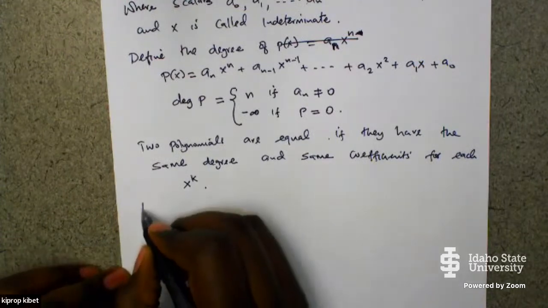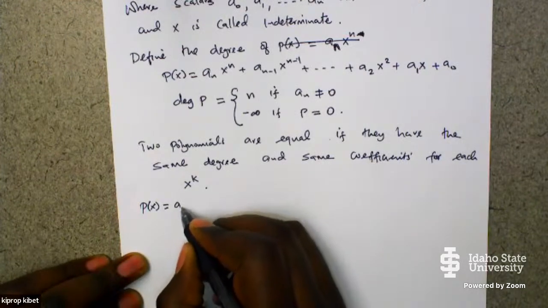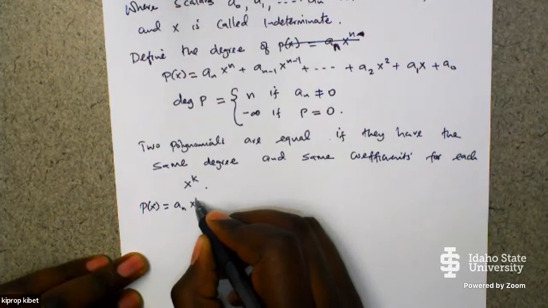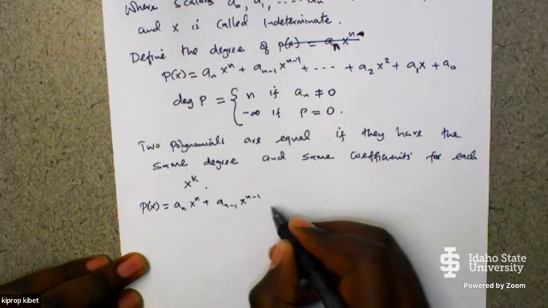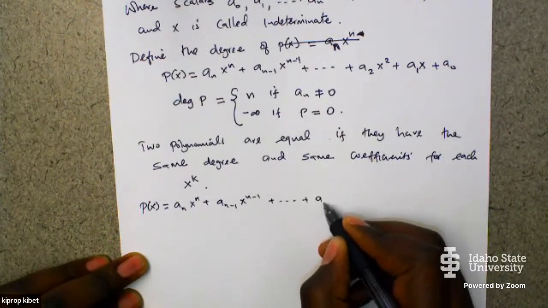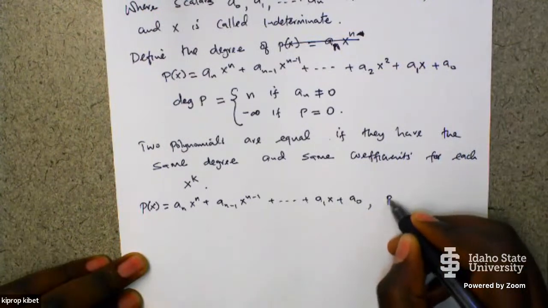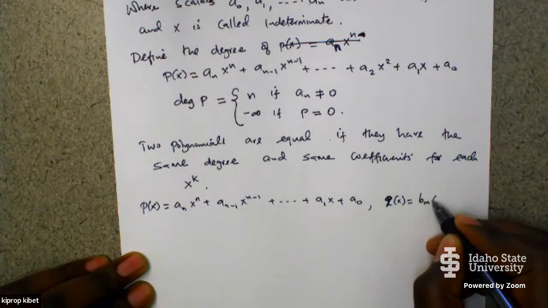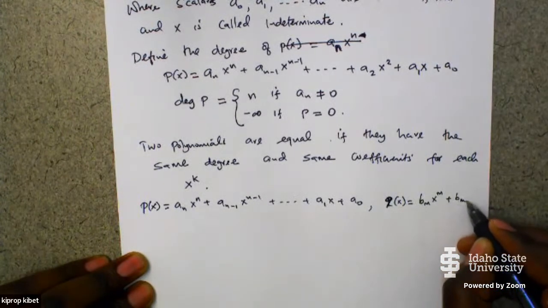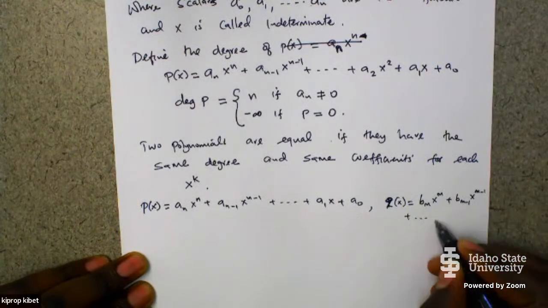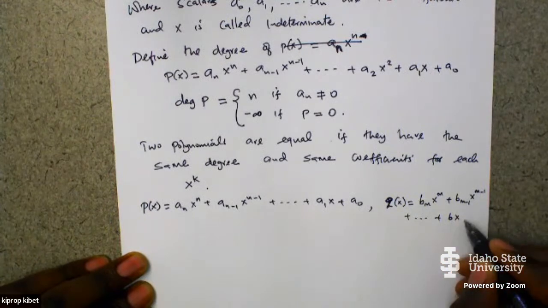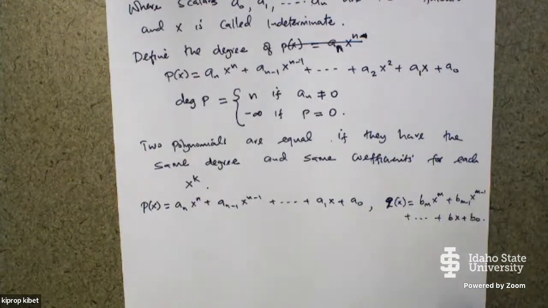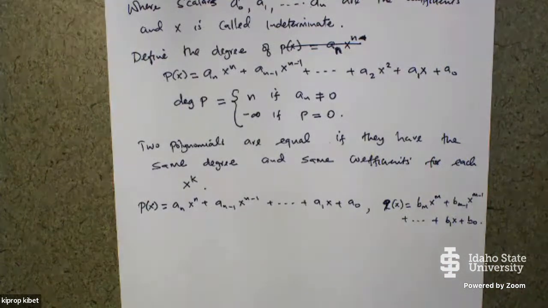So if we have the polynomial p of x equal to a_n x^n plus a_{n-1} x^{n-1} plus, let's say, a_1 x plus a_0, and q of x equal to b_m x^m plus b_{m-1} x^{m-1} plus b_1 x plus b_0, the two polynomials there, then we can add.